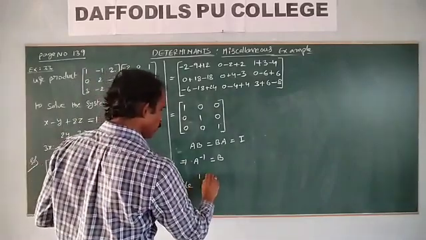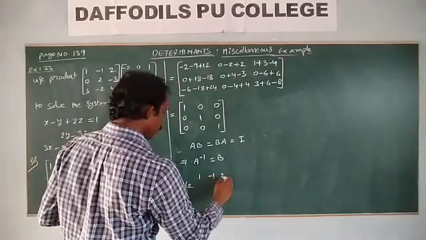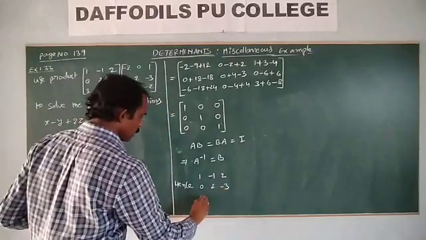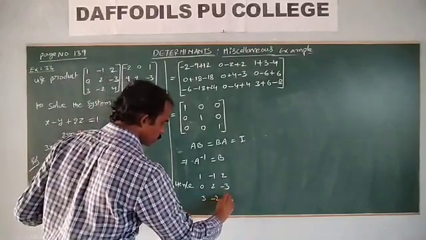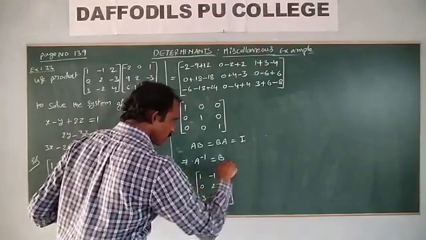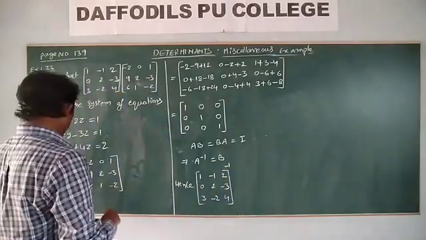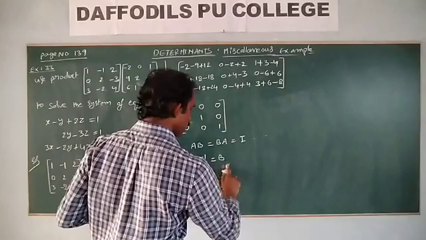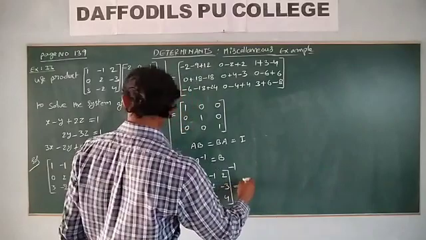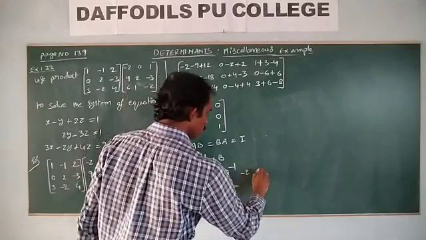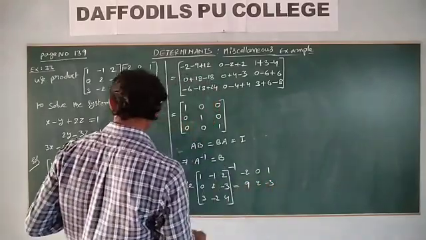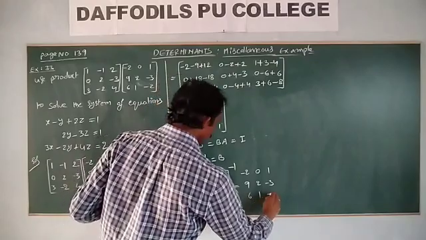Hence, the inverse of [1 -1 2; 0 2 -3; 3 -2 4] is this matrix: [-2 0 1; 9 2 -3; 6 1 -2].